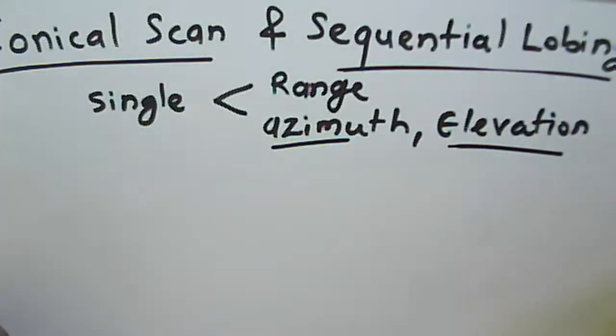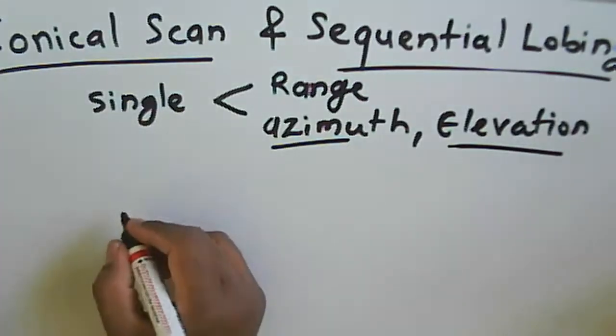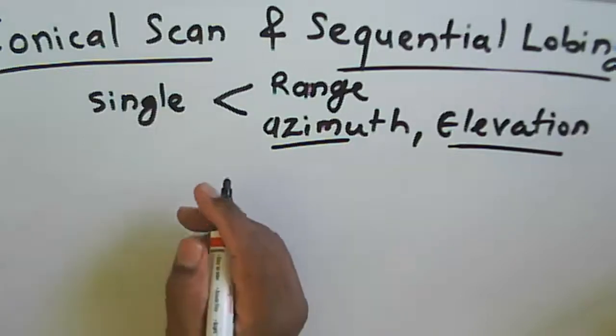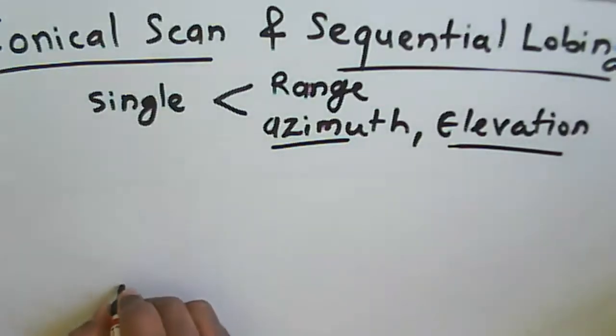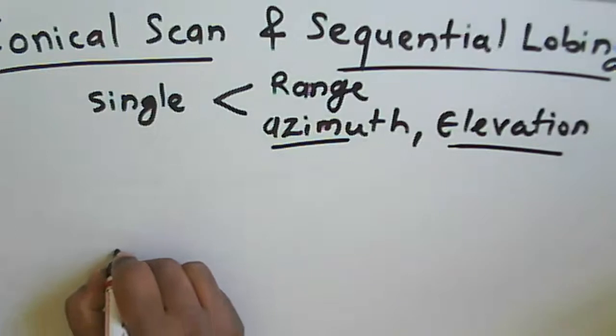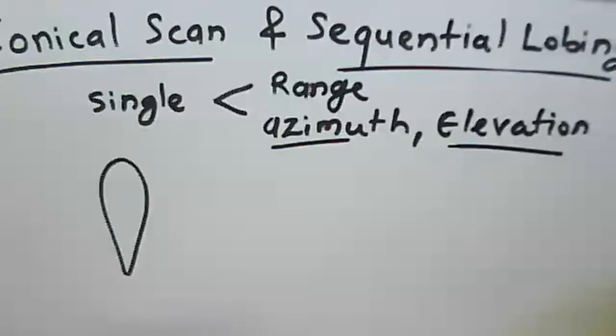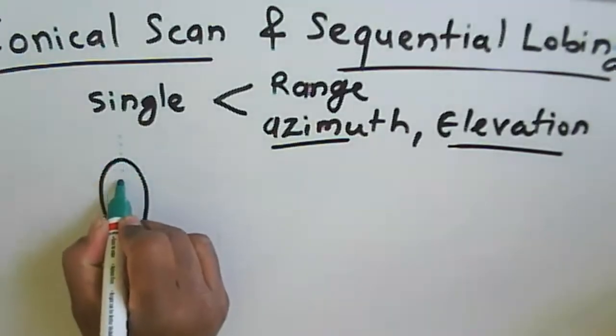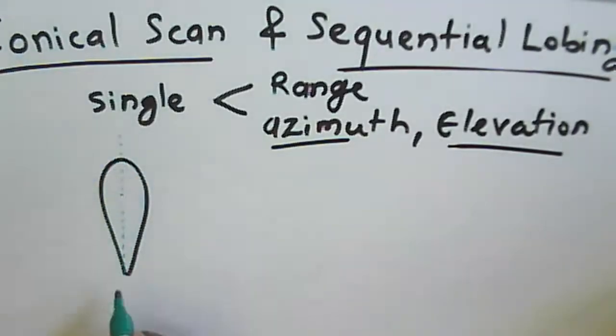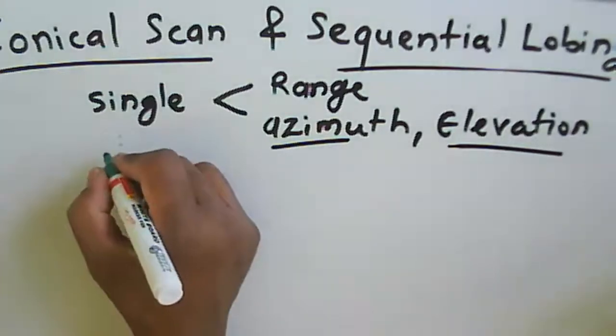Now, what does lobe switching mean? What does lobe mean? We generally say it is the antenna radiation pattern, the radiation pattern formed by an antenna. Here, this one is the maximum amplitude.